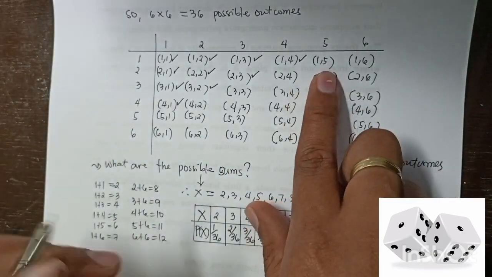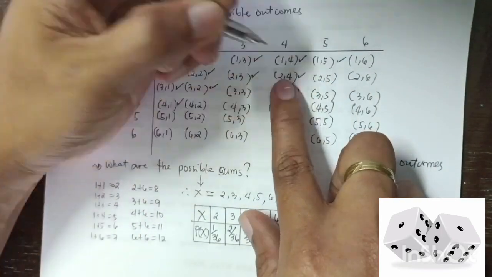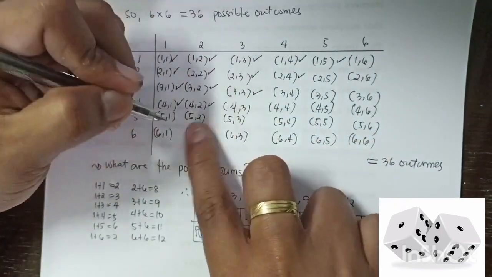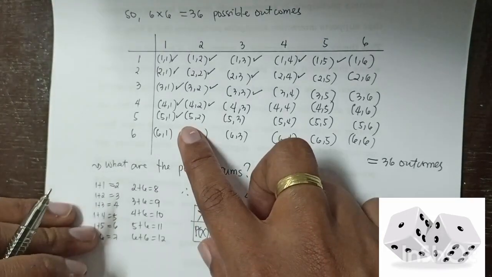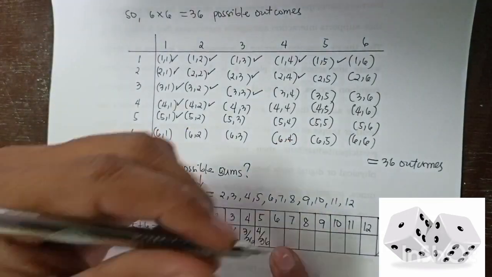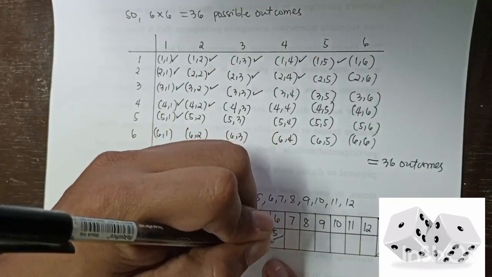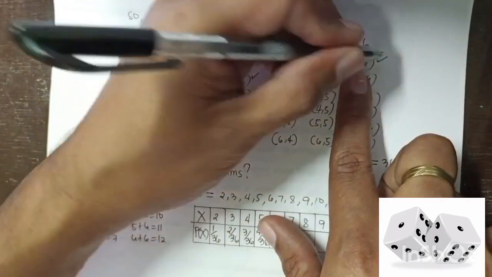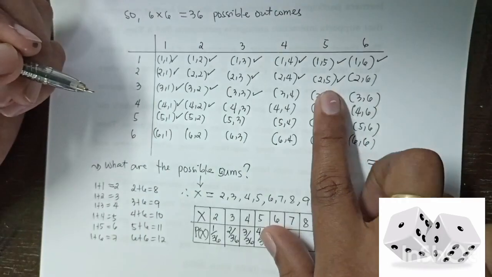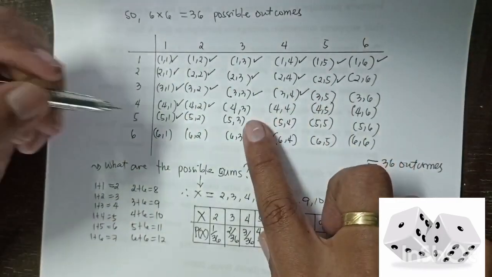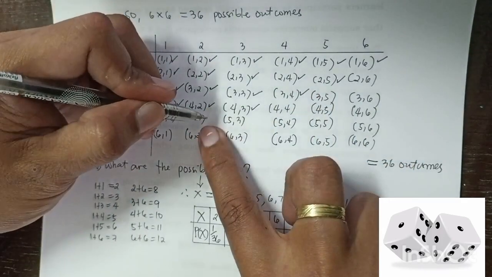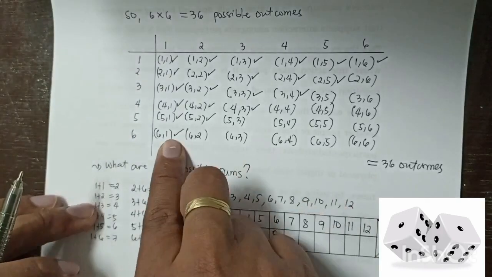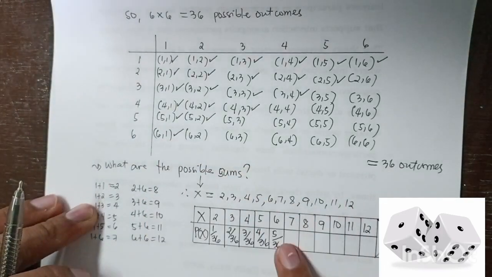For a sum of 6, we have 1 and 5, 2 and 4, 3 and 3, 4 and 2, and 5 and 1. So out of 36, there are 5 possible outcomes. So we have 5 over 36. For a sum of 7, we have 1 and 6, 2 and 5, 3 and 4, 4 and 3, 5 and 2, and 6 and 1.